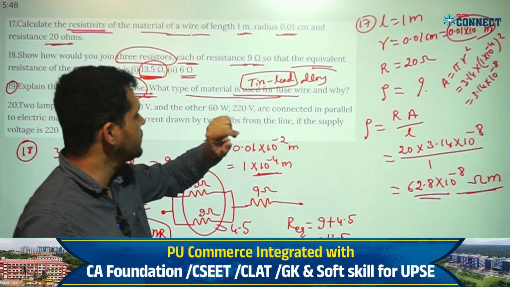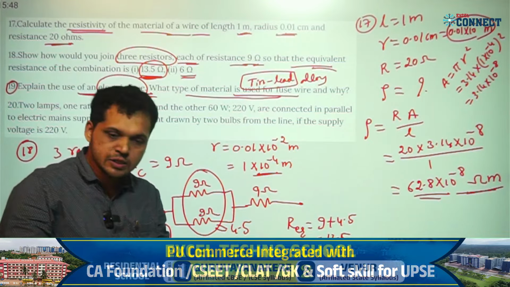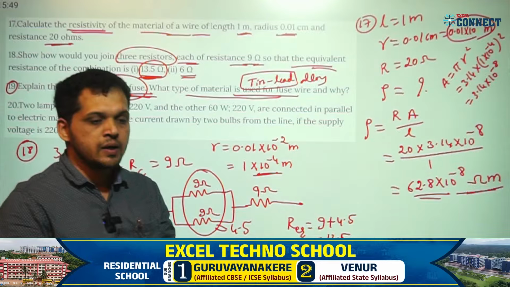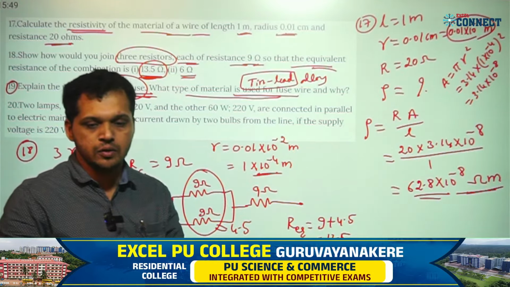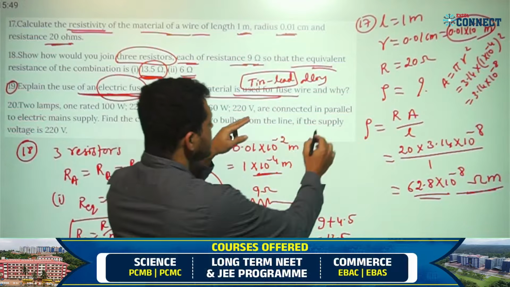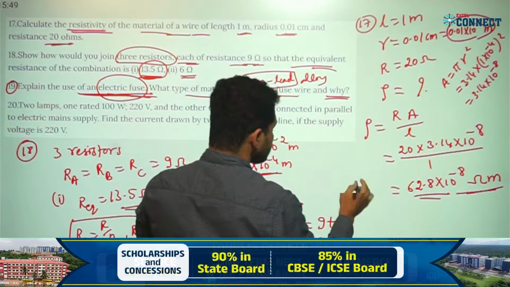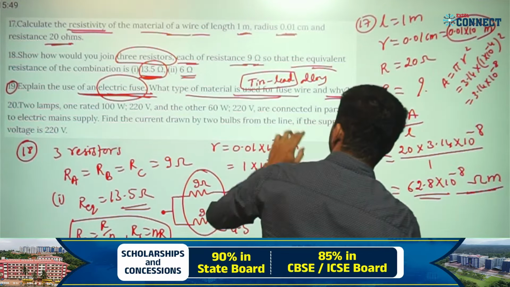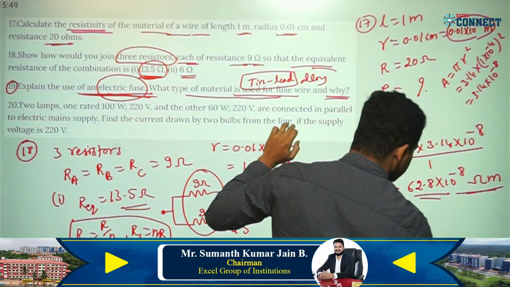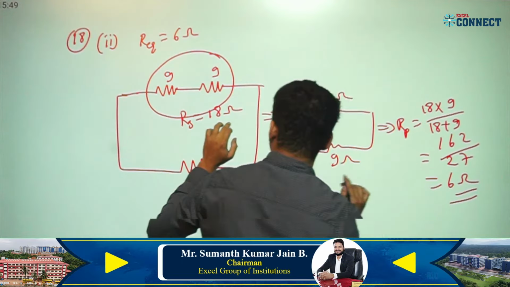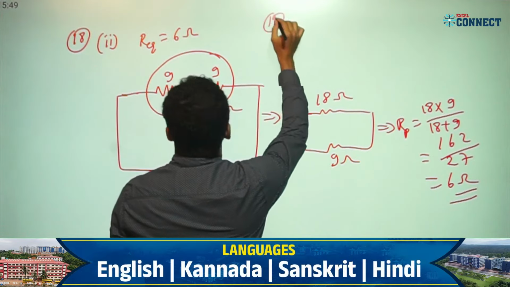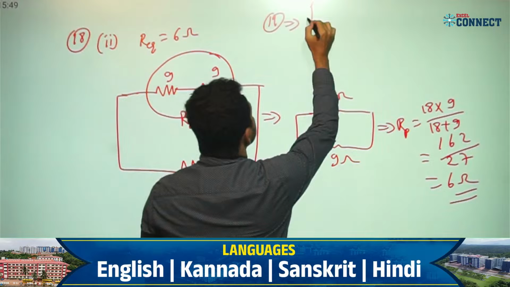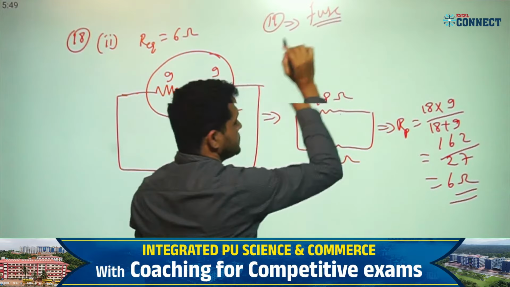It is an alloy. Direct wires are not prescribed because of their lower resistivity value. Now, what is the reason? I'll write the reason here. Question 19 answer: the fuse, an application.